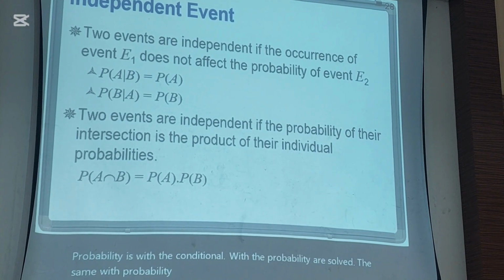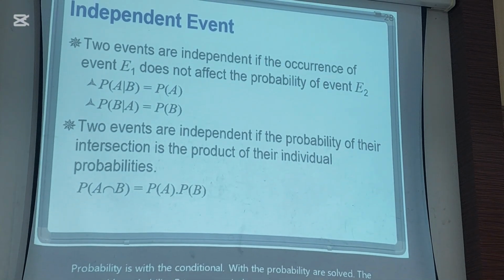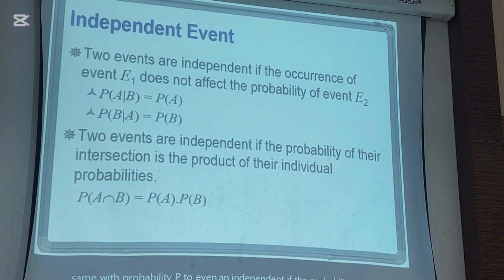Two events are independent if the probability of their intersection is the product of their individual probabilities.